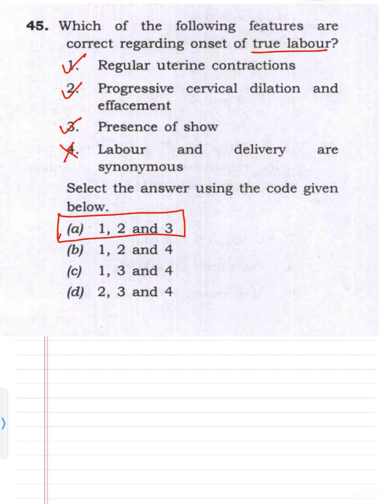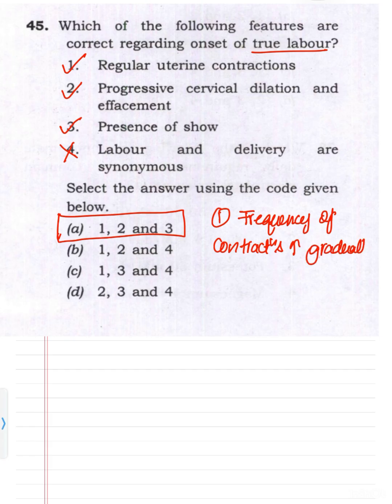Now these are the three features that they have provided for the true labor, but there are also other features of the true labor. What other features are there? There is increased frequency, that is, the frequency of contractions increases gradually. Number 2, there will be descent of presenting part.